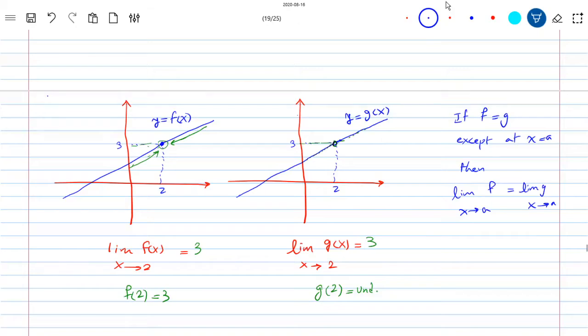The limits are equal, but the functions are not equal to each other. The two functions are equal everywhere except at this point. That is enough for us to say that the limits are equal. It doesn't mean that the functions are going to be exactly the same. Sometimes there's a hole in the graph. It tells you that the function at that location does not exist, but the limit still exists at that point.